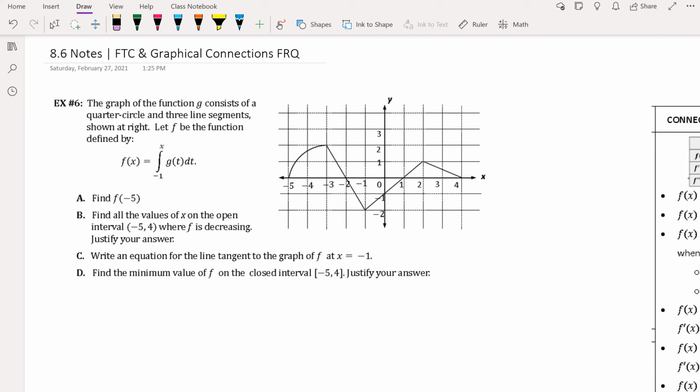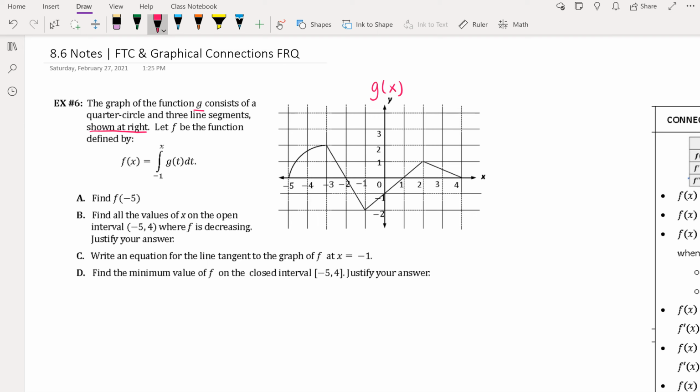Okay, let's start by reading the question. The graph of the function g consists of a quarter circle and 3 line segments shown at the right. The first thing I'm going to do is label this graph as g. Even if it had already labeled your graph as g, I want you to relabel it because it's good to remember what the graphs are.